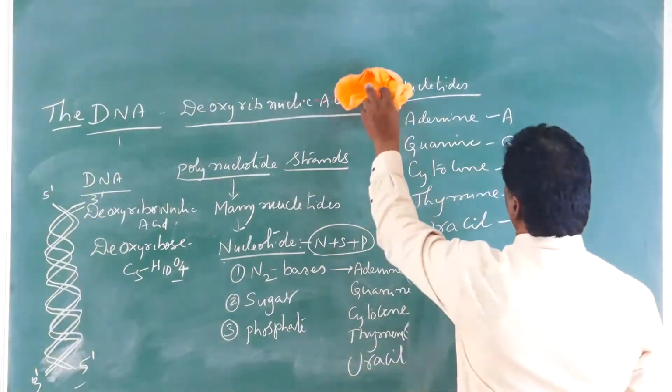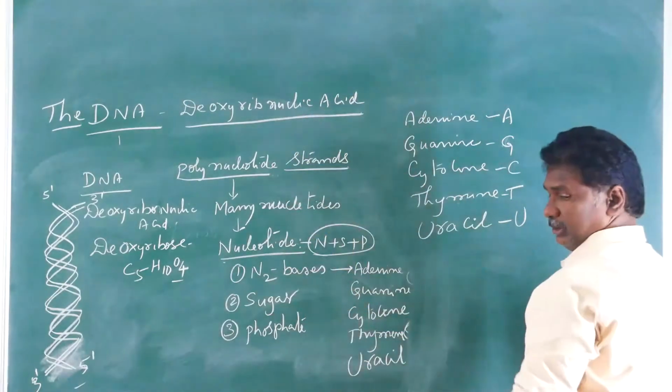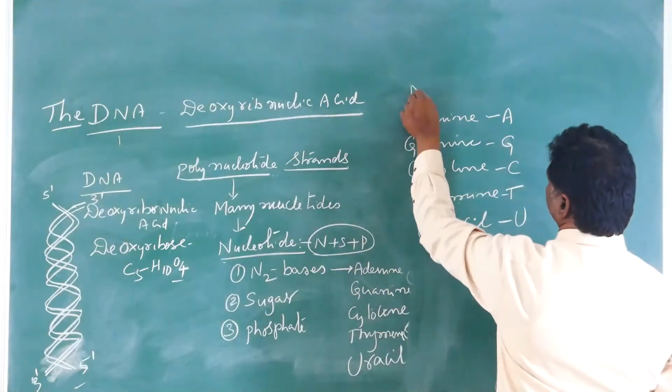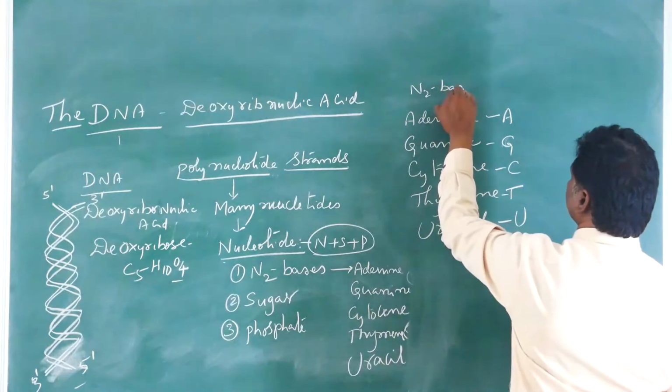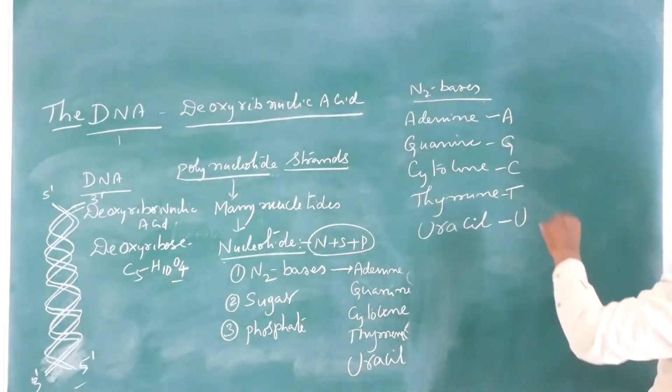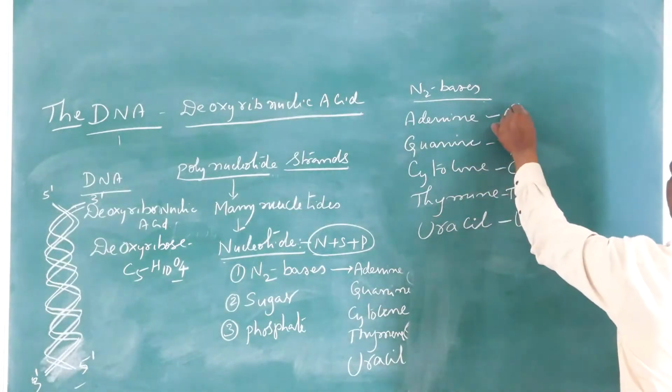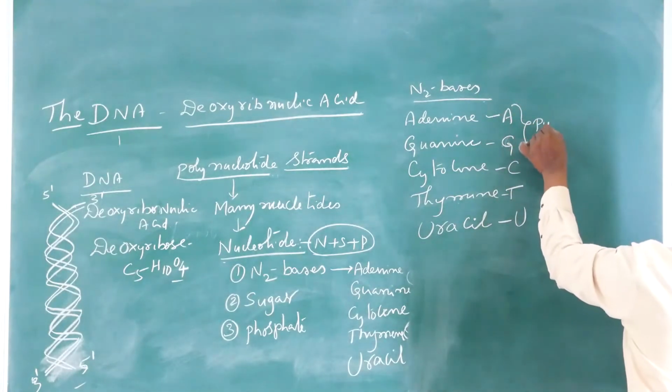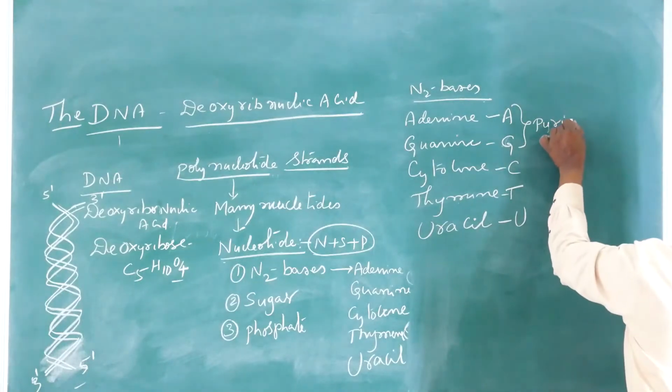Then those are modified into nucleotides. First of all, those are called nitrogen bases. Of these, adenine and guanine are called purines.